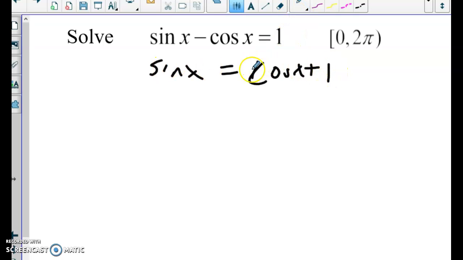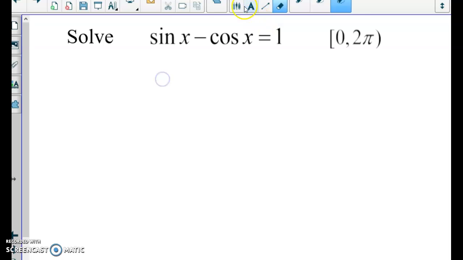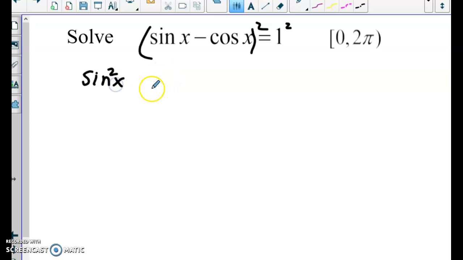But then you're just looking up and trying to find those. So another option, let me erase this, another option is to square both sides. But you remember from before, anytime you square both sides of an equation, you can be introducing extraneous roots. So we have to be careful of that.